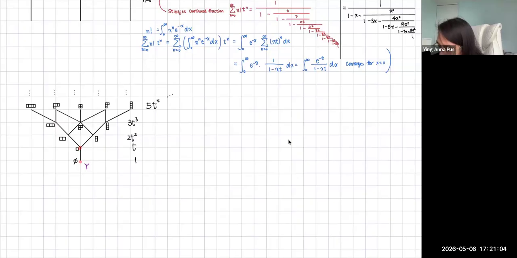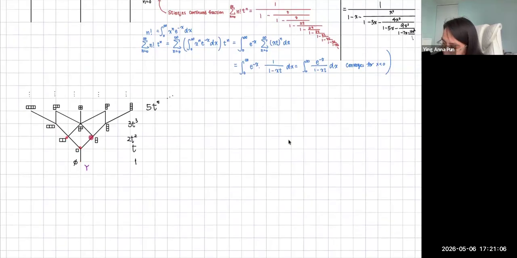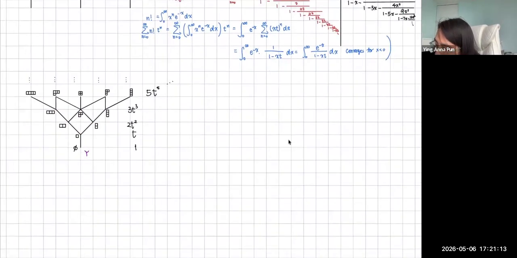No box is rank 0, 1 box rank 1, 2 boxes rank 2, 3 boxes rank 3, 4 boxes rank 4, and so on. So these are just asking how many things there are with a certain number of boxes.